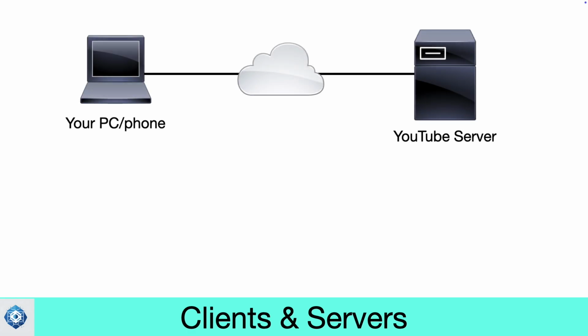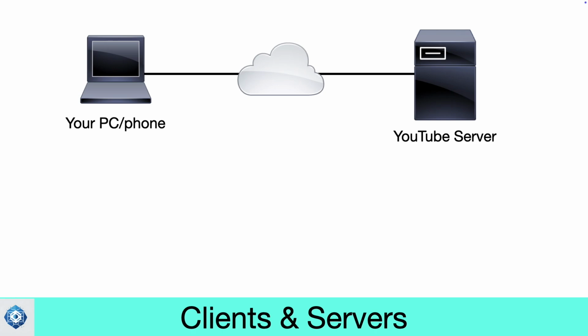Now I want to take one more look at another network. This one here is similar to what we just saw, a very simple depiction of what you're doing right now watching this video. On the left hand side we have your PC or phone on your local network.